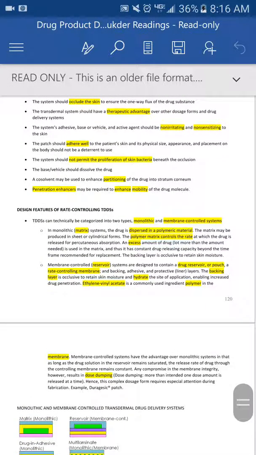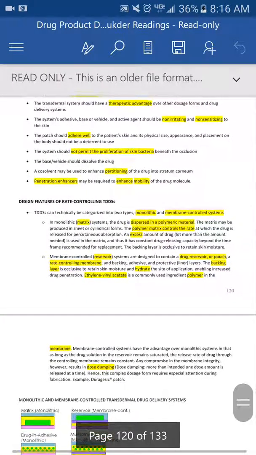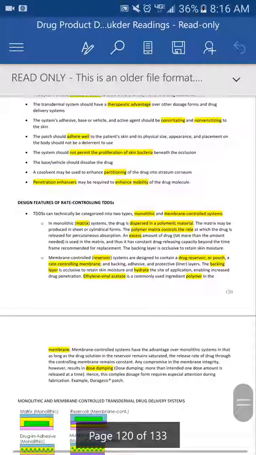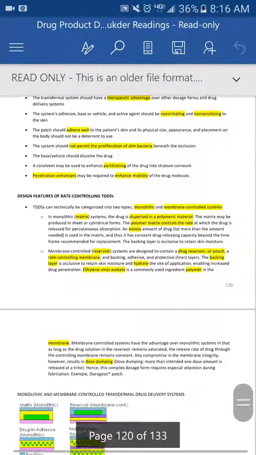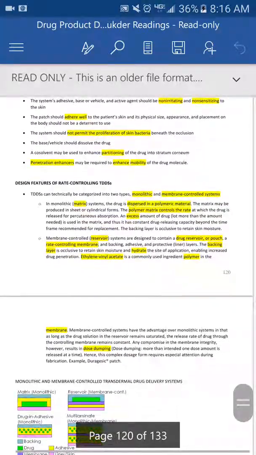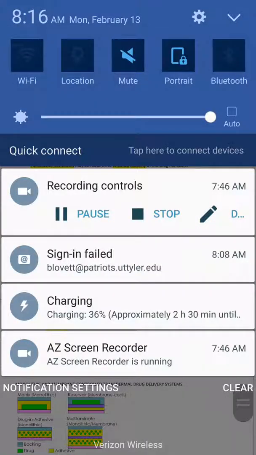The system should occlude the skin to ensure the one-way flux of drug substance by using a backing layer. The transdermal system should have a therapeutic advantage over other dosage forms and drug delivery systems, or else why would you even give it? The system's adhesive base or vehicle and active agent should be non-irritating and non-sensitizing.